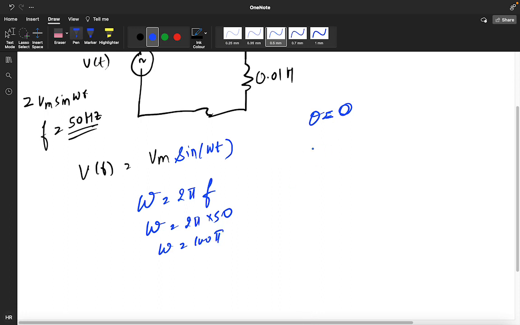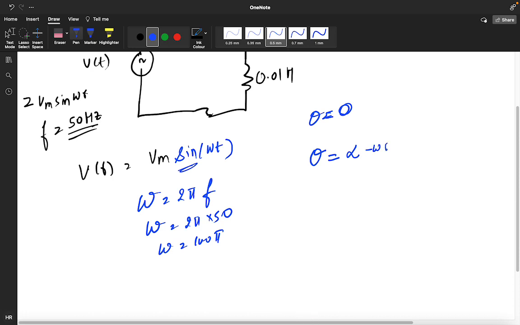And for making it transient free, and this is the sine source, so theta value should be equal to alpha. You remember, or you forget? Theta plus alpha equal to 0, we have to make it.